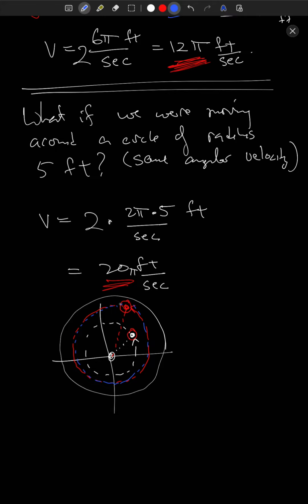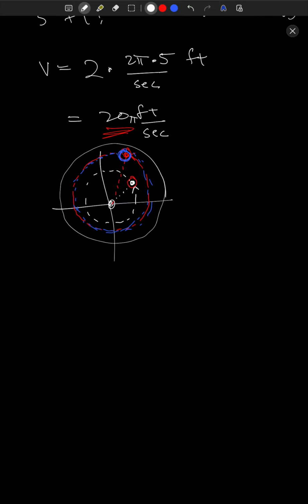So that person has to be moving faster, because they have to make a full circle in the same amount of time. If you're going to move farther in the same amount of time than someone else, then you have to be moving faster. So this guy out here is moving faster. That's an interesting thing, and again, something to emphasize here is that linear velocity depends on the radius.